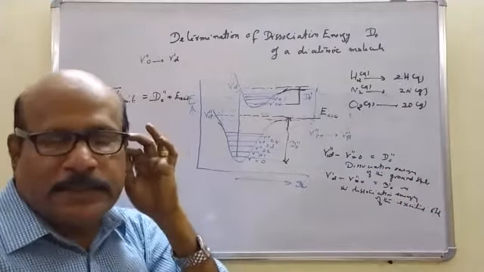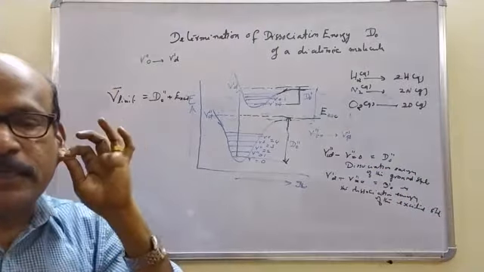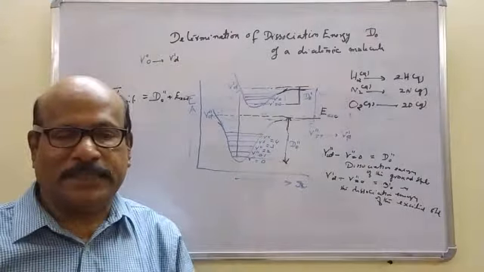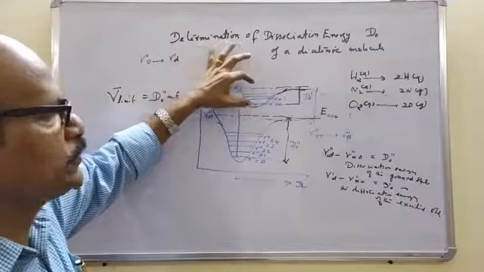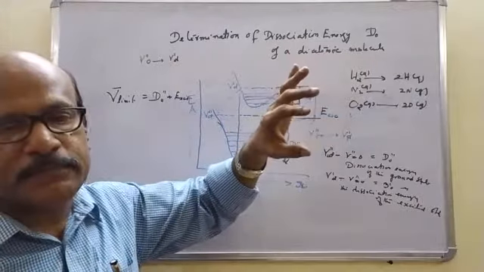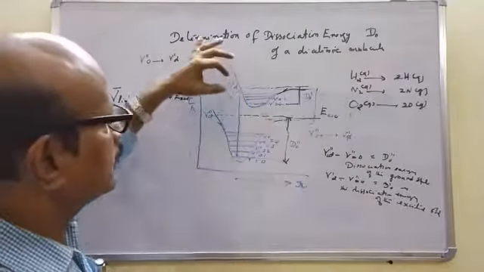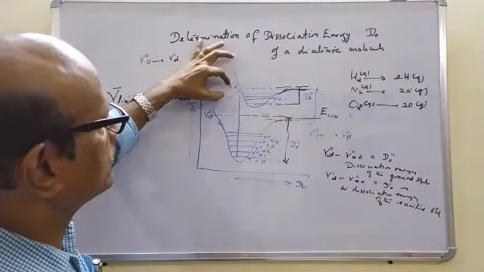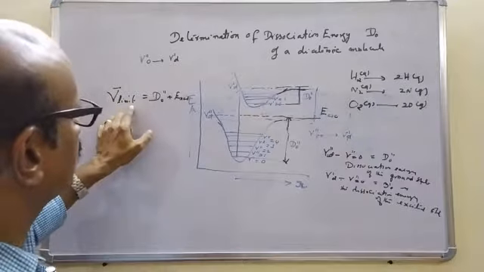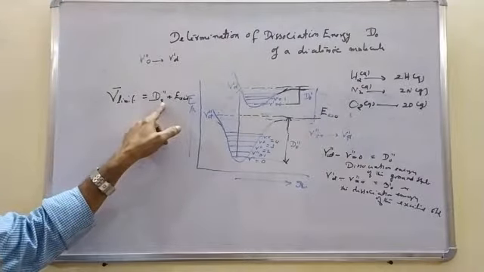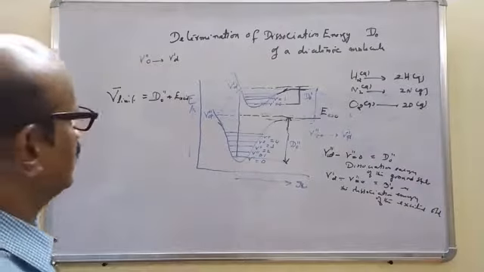Beyond that, there is no vibrational structure; we see a continuum after ν′D, because it no longer obeys the simple harmonic oscillator rule. So this ν′D corresponds to the continuous limit, which is equal to D″0 plus E excitation energy.